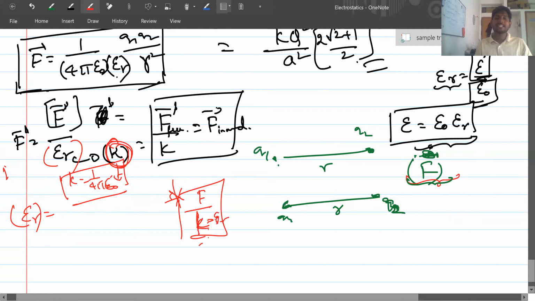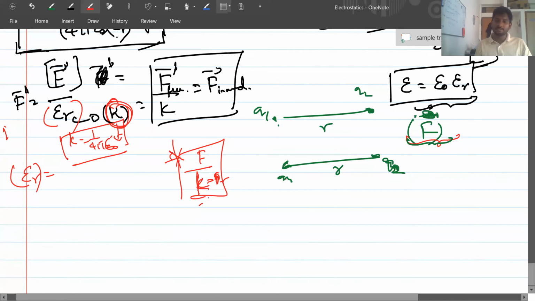But actually, the answer is not F by K. Why? The interactive force of Q1 on Q2, and Q2 on Q1, will not change. What will change is the net force. Why?